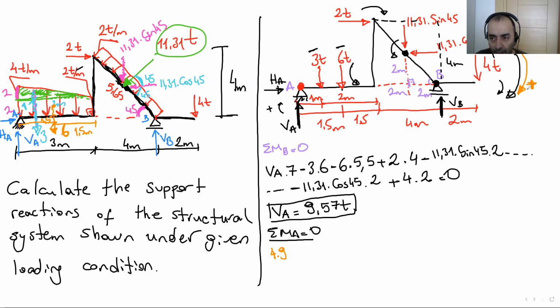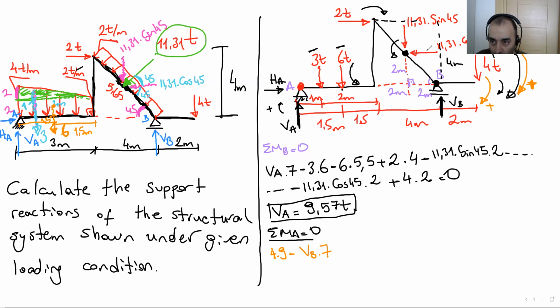This is negative because of the downward assumption. Please take a look at the orange ones. This is the positive direction. So vertical B rotates the system upwards, and that's why it's negative. Vertical B times distance, here to here, 7 meters.